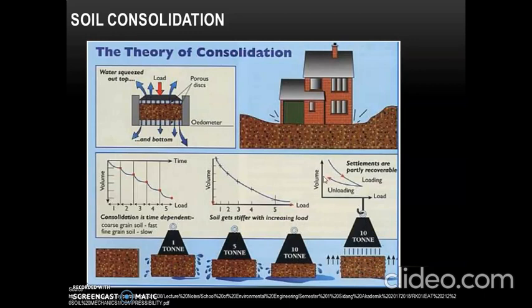This is the curve which we obtain while unloading the soil sample. The first one represents the curve for loading, that means the volume has decreased, and the second curve shows that the volume has increased with the removal of the load. So consolidation results in settlement.